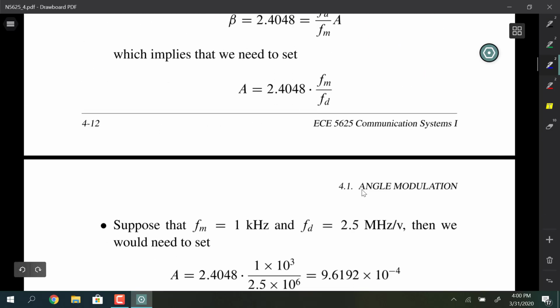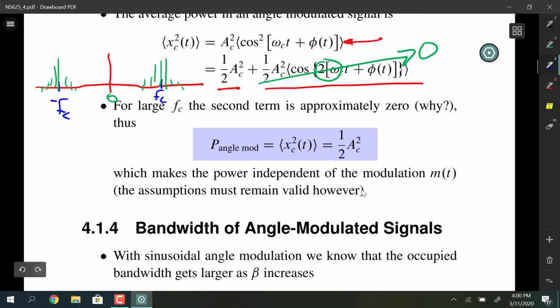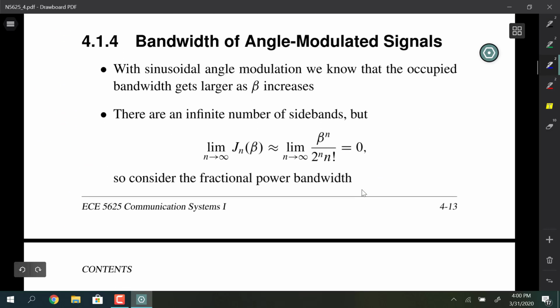So that gets developed here by doing an approximation, well, by observing that there's an infinite number of sidebands, but as n goes to infinity, the height of a particular Bessel function, or its amplitude, does approach 0, because we have an asymptotic formula that says it's beta to the nth over 2 to the n times n factorial.